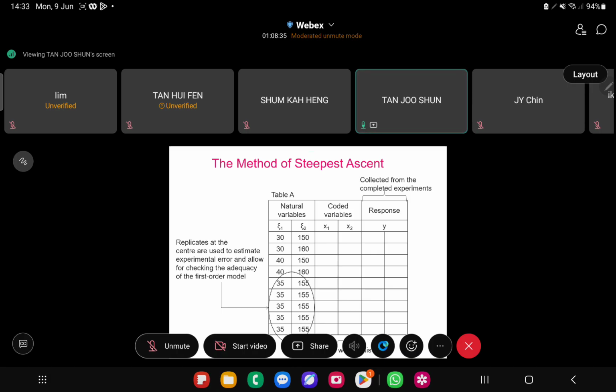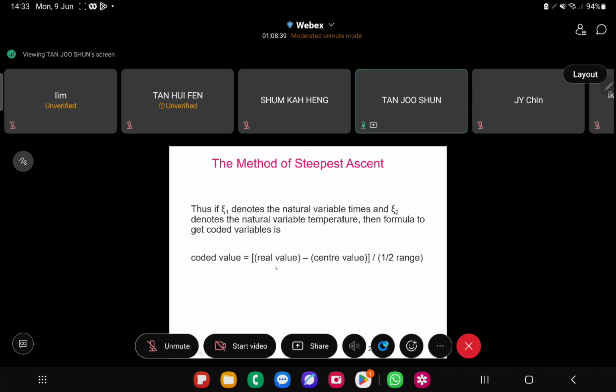The coded value is 0. How it is calculated is they use the real value minus the center value, then divide by half of the range. But you do not need to care about this. You just need to know that for the three levels, the high level will be +1, the middle will be 0, and the lowest will be -1.